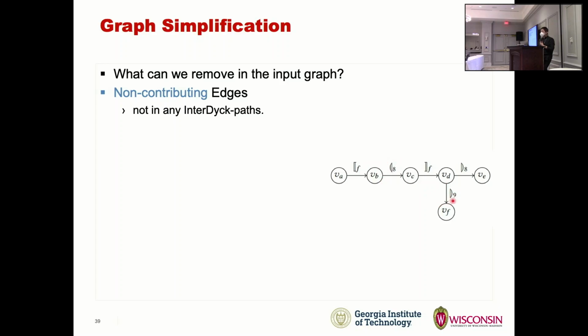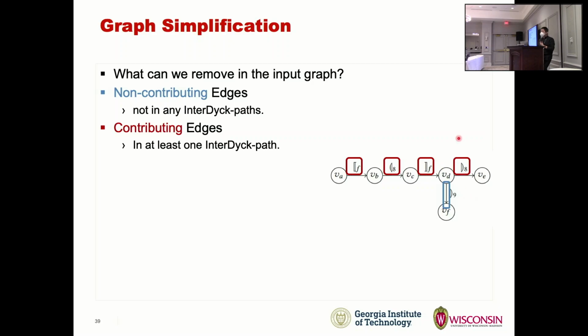So this edge is not Interdyck contributing. And what are the contributing edges? There are four edges. Why? Because we have seen an Interdyck path between these two nodes. The definition of contributing edges is that the edge is in at least one Interdyck path. So formally, graph simplification is about computing a set of non-contributing edges and getting rid of them.